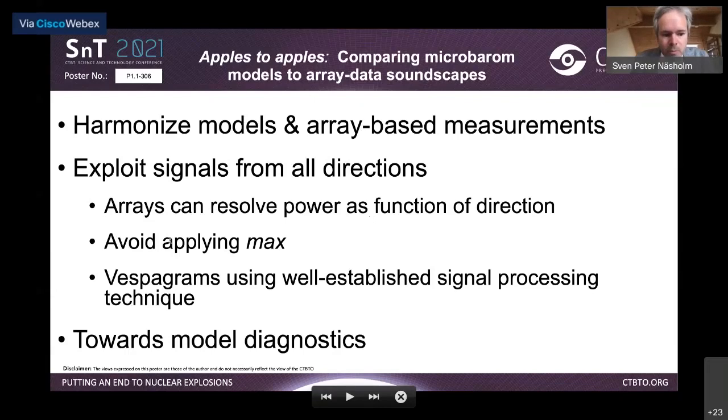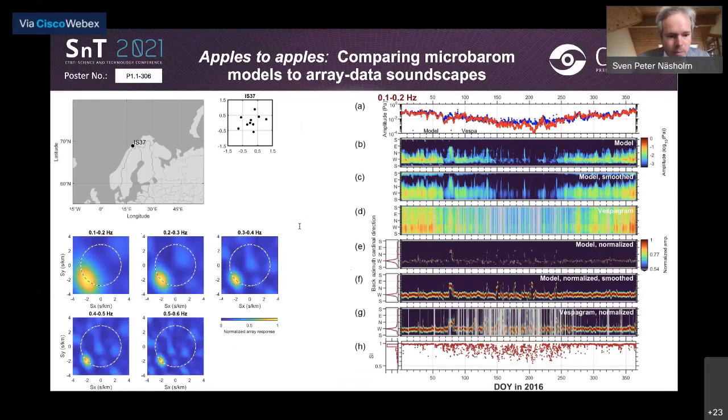So we really want to avoid applying the maximum operator, where sometimes people look for the maximum power and then say that the microbaroms come from that direction. Here we instead apply the well-known vespagram technique, which is well established, where we deploy beams around a fixed apparent velocity, and then we measure the power for each direction.